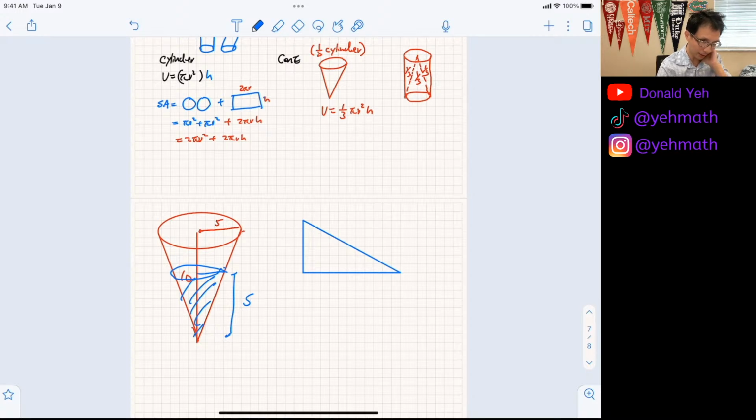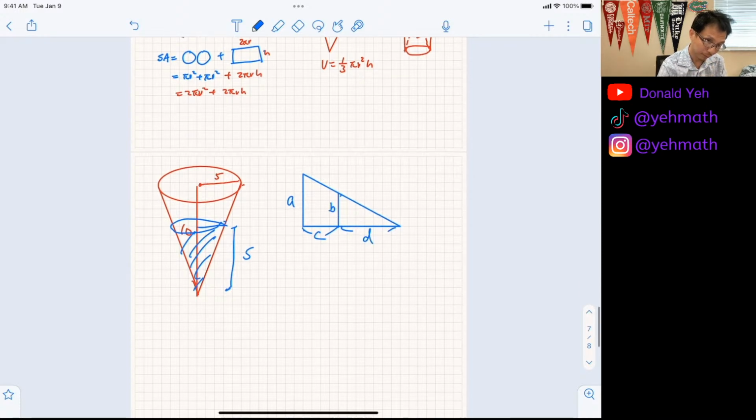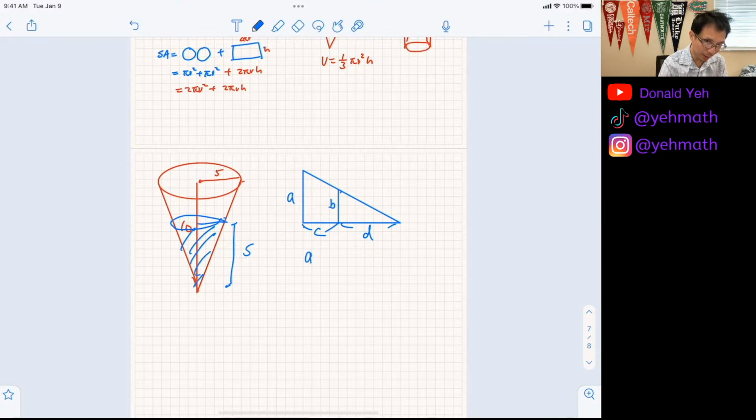Inside a cone, there is a relationship like this, which we're going to talk about later. If this is A and this is B, and this is C, and from here this is D, then the proportion of the bigger triangle is B over D. That's the relationship, called the similar triangle relationship. On the SAT, you're going to see this, except the SAT has a different type of similar triangle as well.